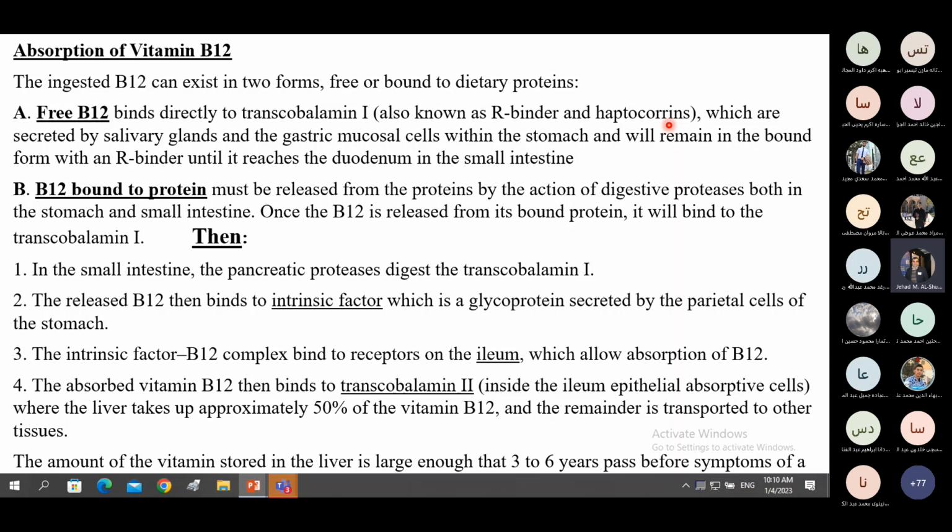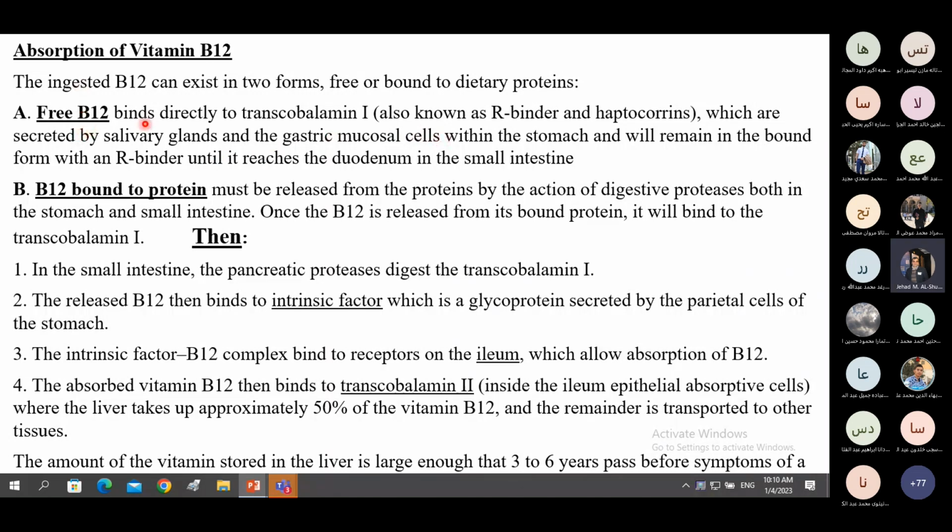Three names. So once we ingest the food, the free B12 will bind to transcobalamin 1, which is secreted by our salivary glands and the gastric mucosal cells in the stomach.